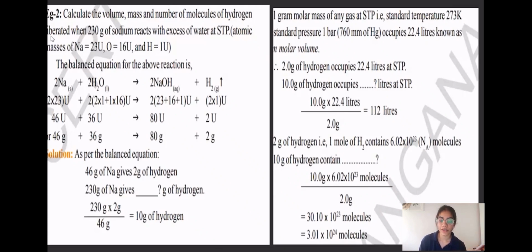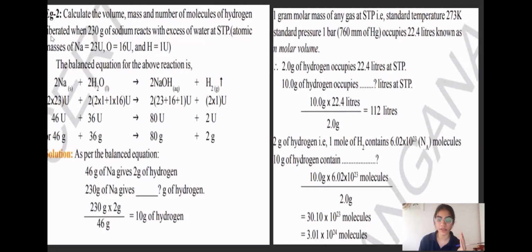So all we have to see is how much hydrogen is given by 230 grams of sodium. That will be 230 multiplied by 2 divided by 46.